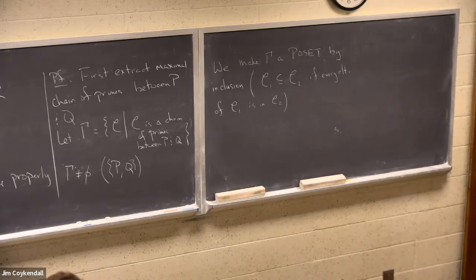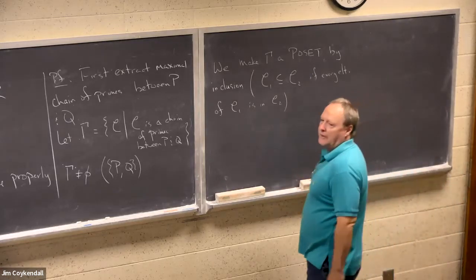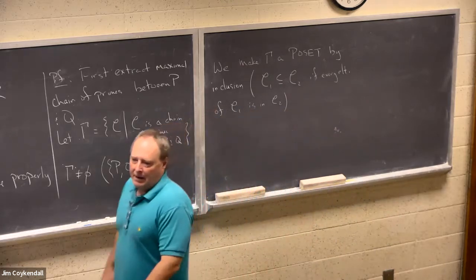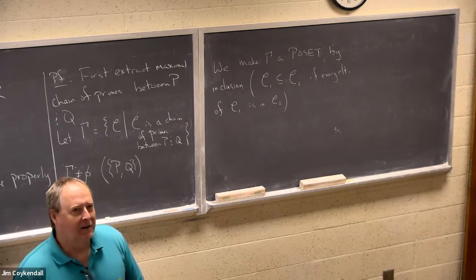Notice that this is a partially ordered set. There's no guarantee that two chains are comparable. You might have the chains P, P1, Q and P, P2, Q, where P1 and P2 are not comparable, so those two wouldn't be comparable. But this is a poset under set-theoretic inclusion. Now all we have to do is apply Zorn's lemma.